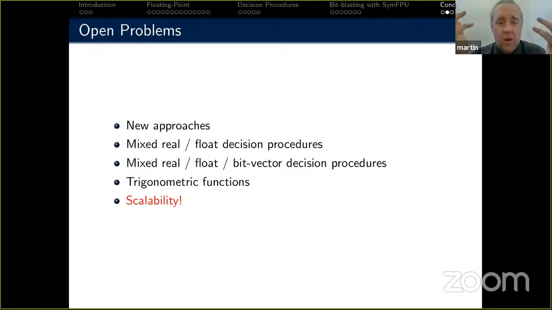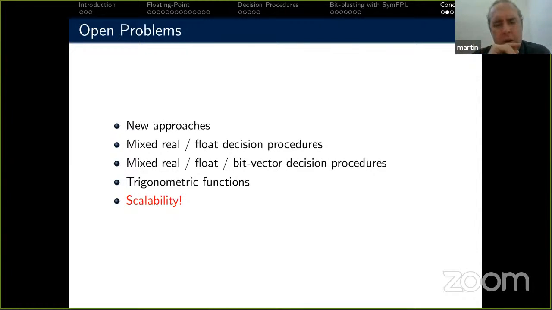If you've got QF_FPNRA, floating point and nonlinear reals, then you can mix floats and reals. So you can have your algorithm written in floating point and your spec written in real, and you can ask, is my computation sufficiently accurate?